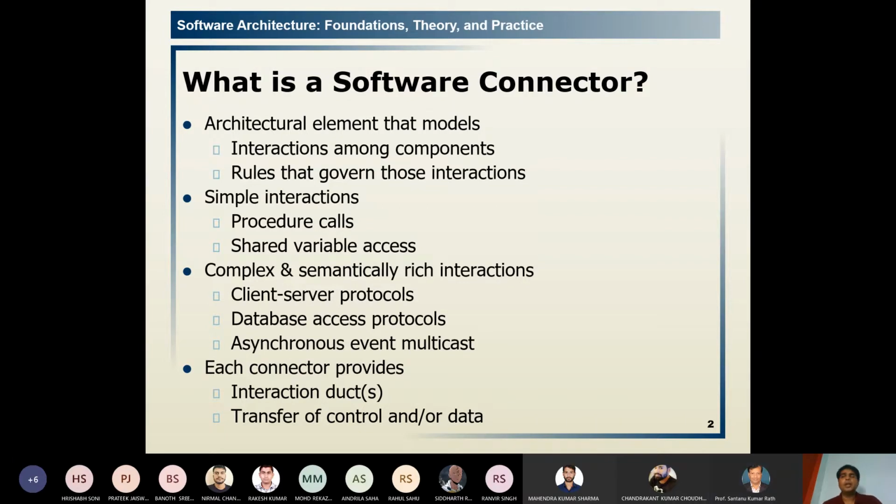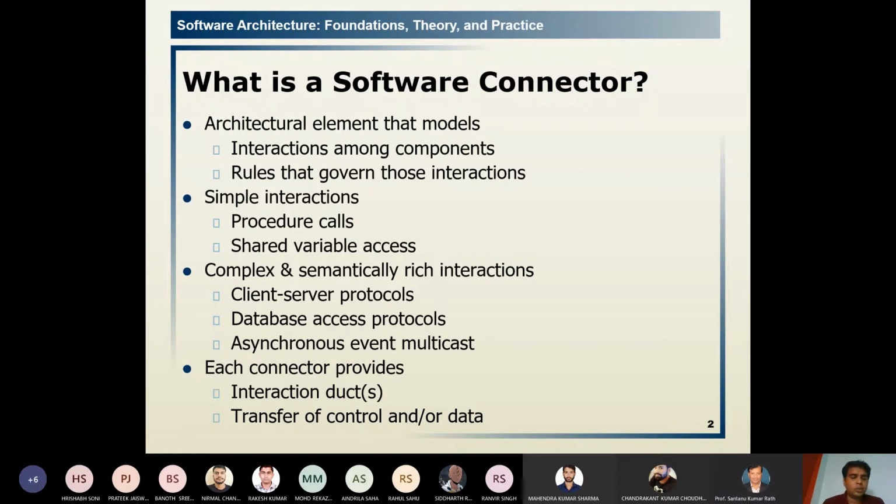It does not mean that all will interact simultaneously. In that event bus, they will interact in an asynchronous manner, so it will multicast in an asynchronous manner also. So if this type of interaction is there, it will be complex.